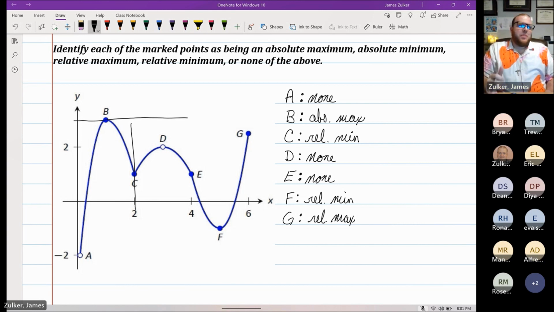So if you meet at a cusp, then the derivative does not exist at that point. Again, here at F, you notice the tangent line is horizontal, so that has a derivative of 0.